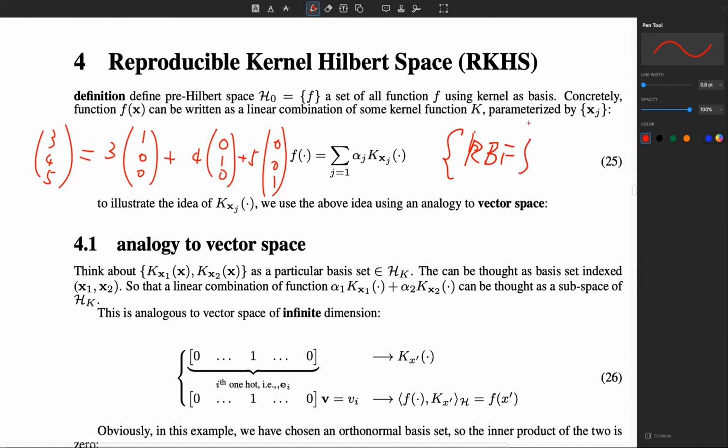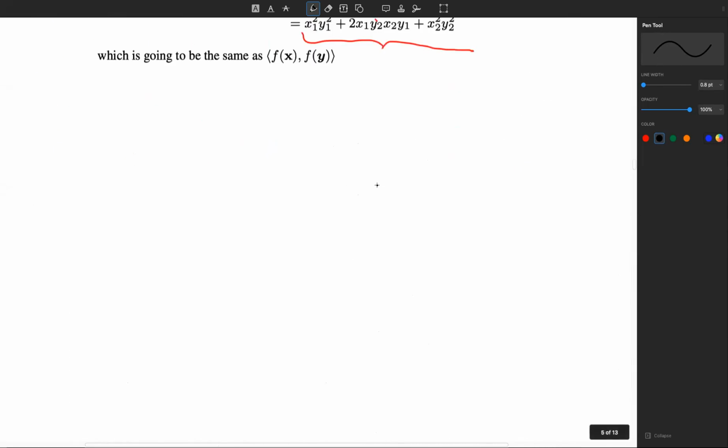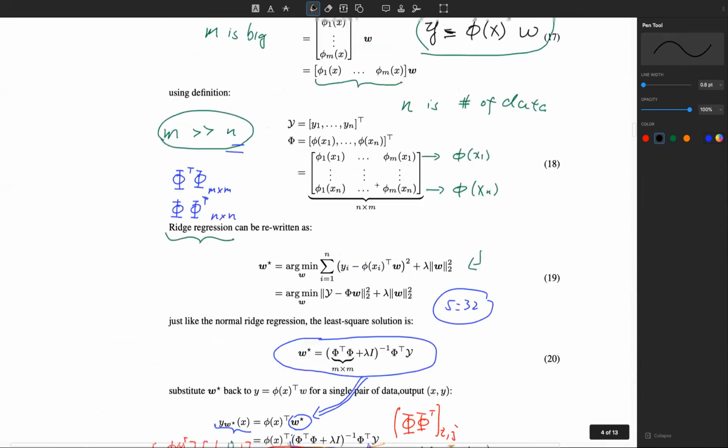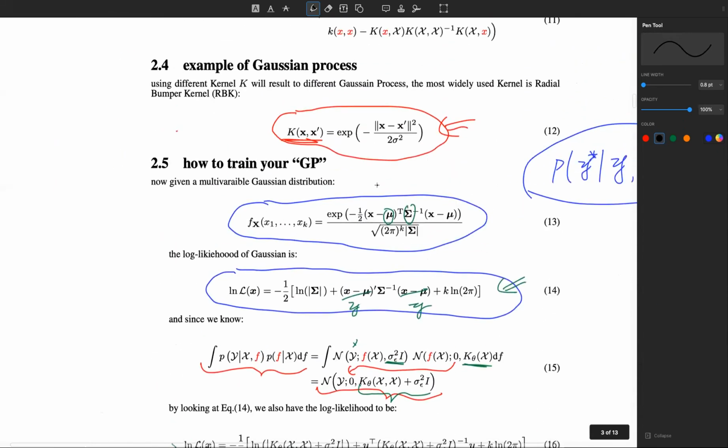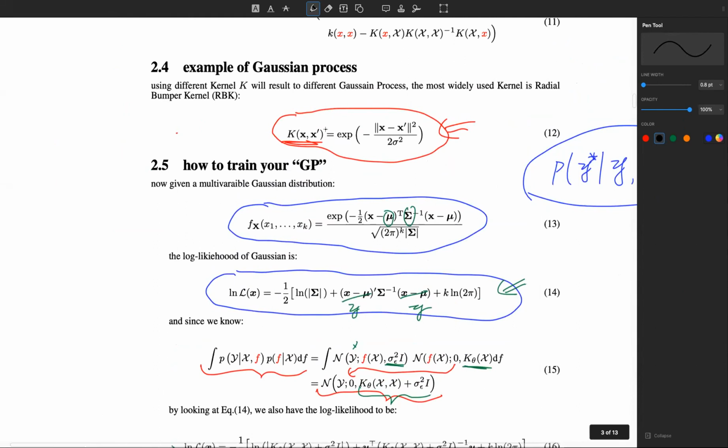They have to be different, or the function has to be different. For a set of RBFs, they have to differ somehow in order to form a set of bases. So you mean this value is different?